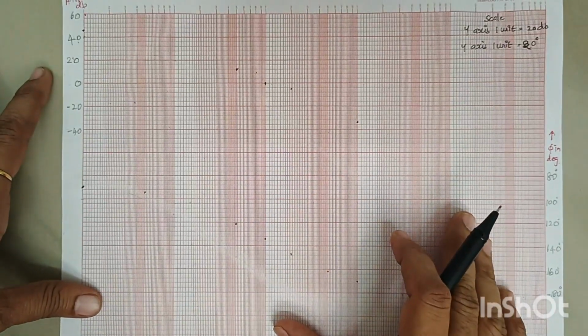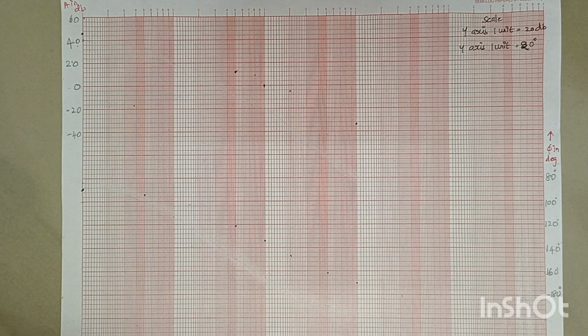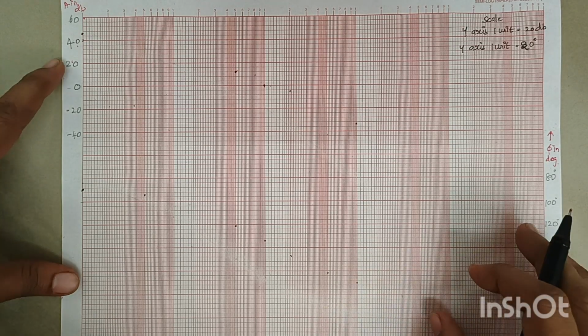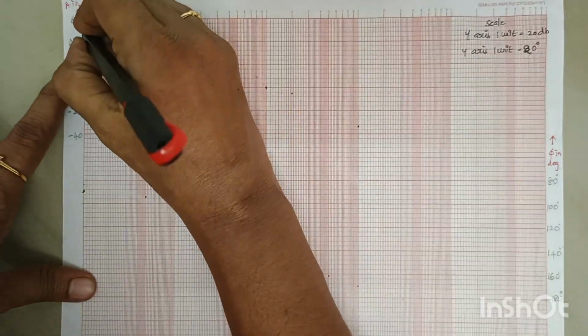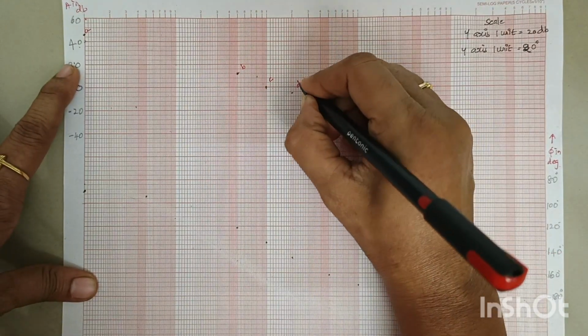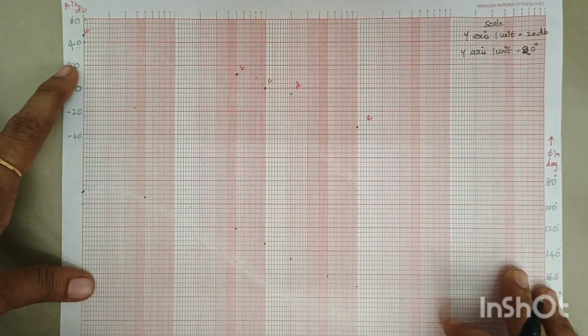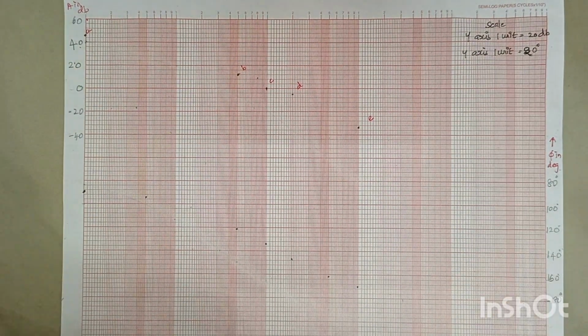Similarly, we can plot the rest of the points, and here we must use a scale to join these points. We can even give names to them: let it be A, B, C, D and finally E. By using a scale, we have to join the points.